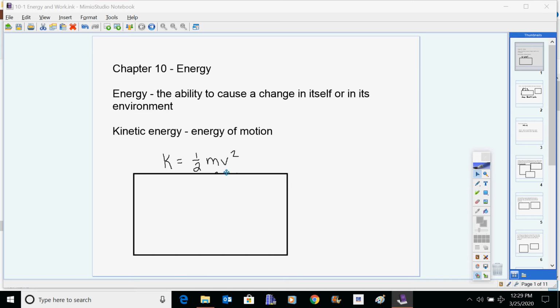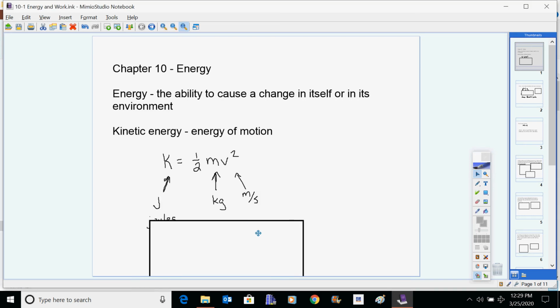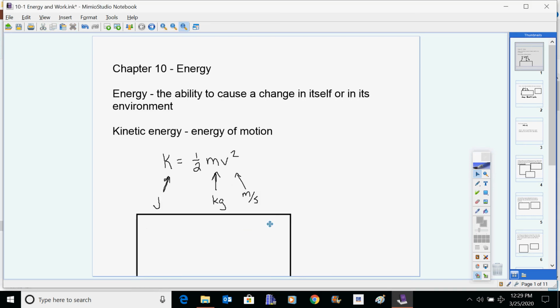object. So it kind of works like momentum, except that with momentum the mass and velocity count for the same amount, but in kinetic energy, the velocity ends up being squared, so it carries a little bit more of the weight. So when we think about our units for these things, mass is kilograms and velocity is meters per second.